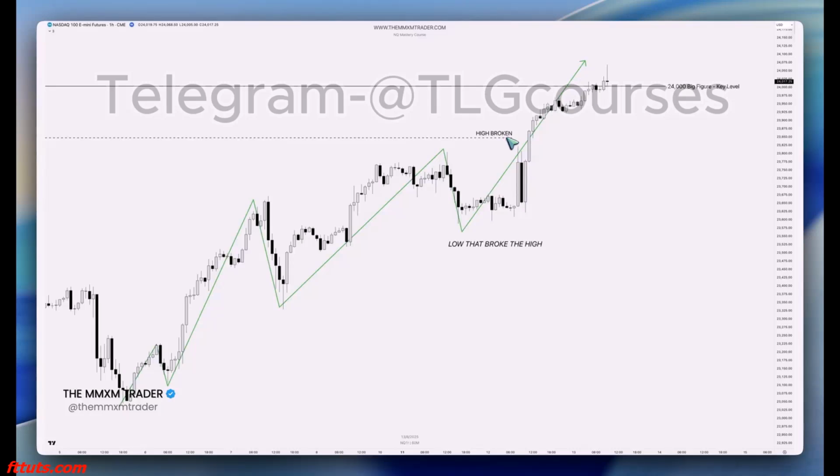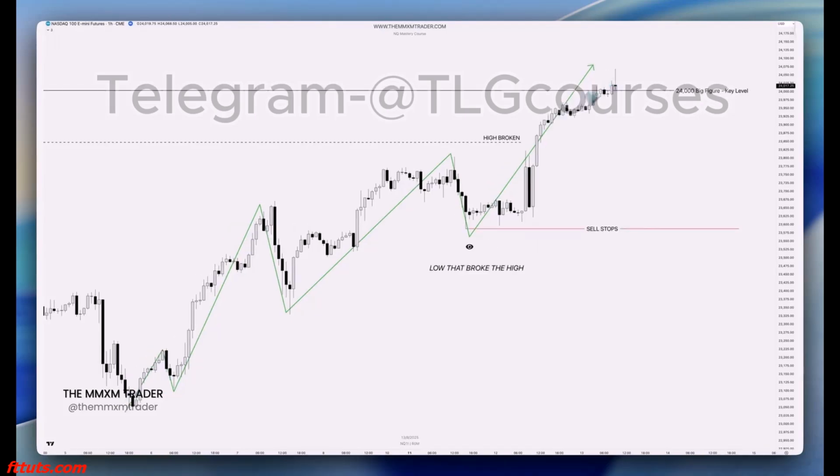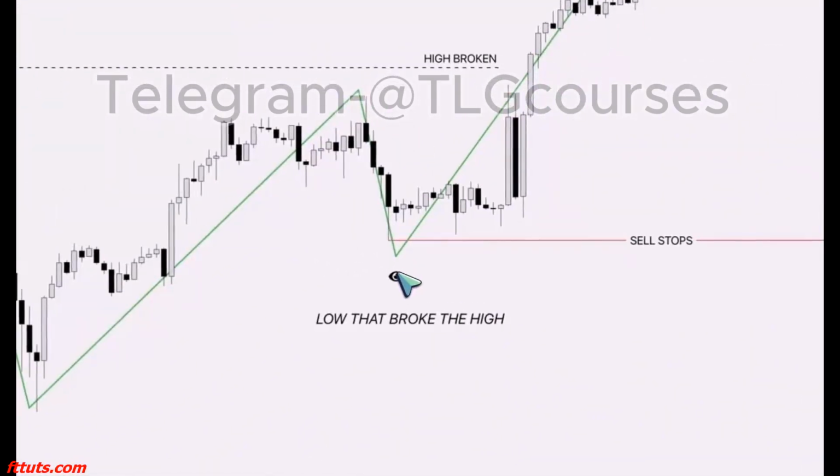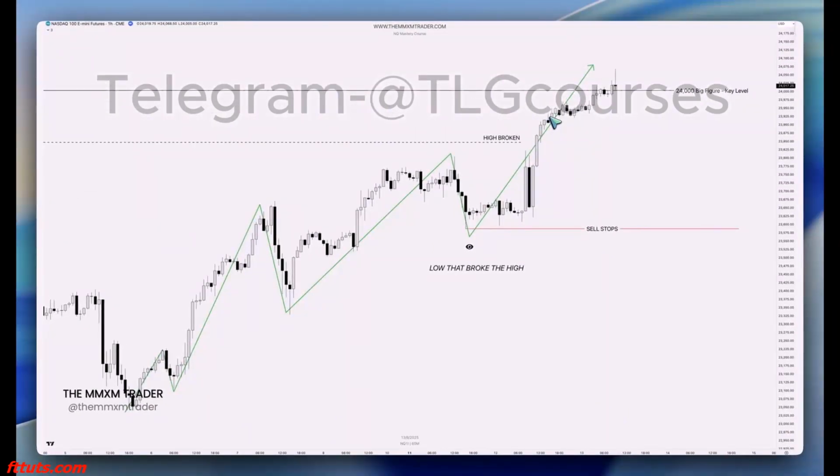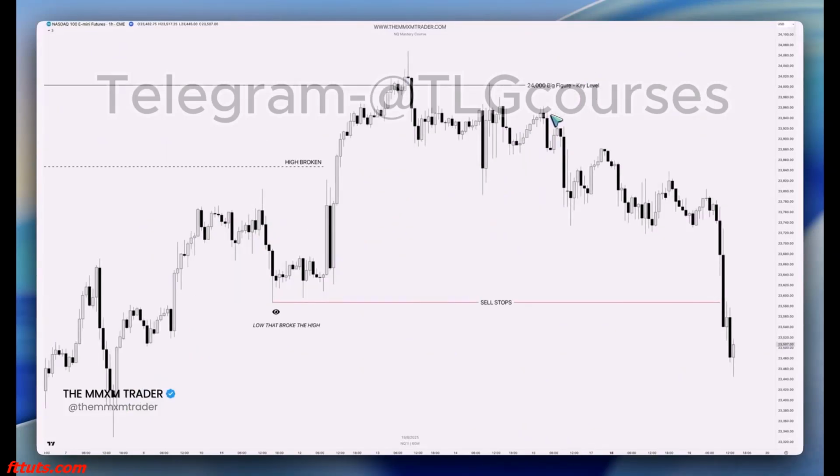Very specific. We hit a key level, and where should your eye jump to? Your eye should immediately look at that low that broke the high, because that's where retail stops will be resting. The market then seeks the low that broke the high extremely aggressively here, because this is where retail have their stops because of that higher high, higher low, neophyte logic, okay?